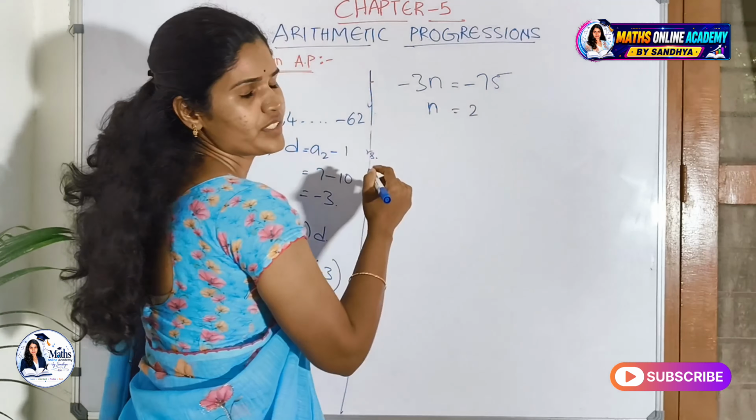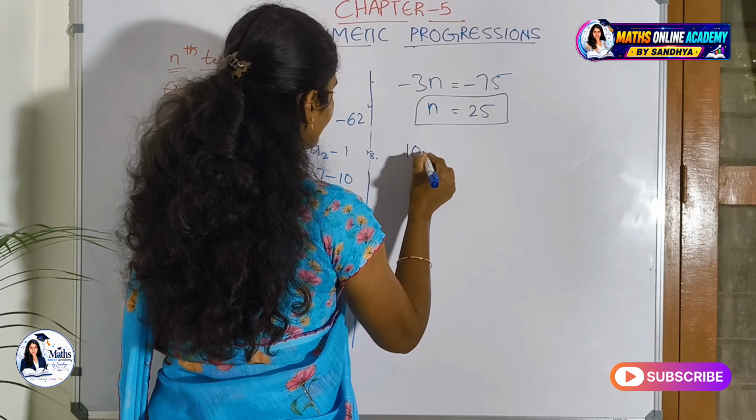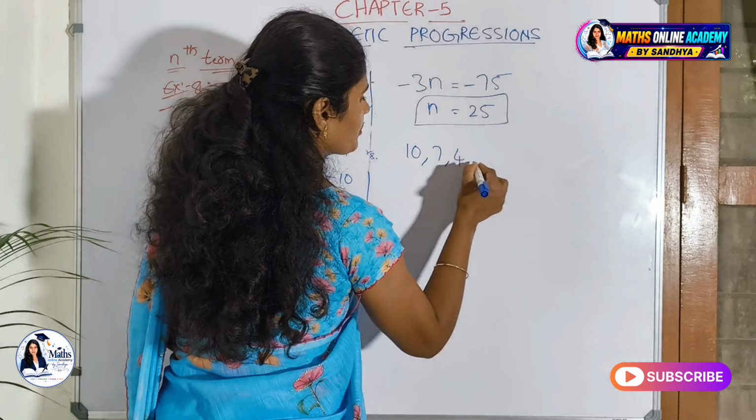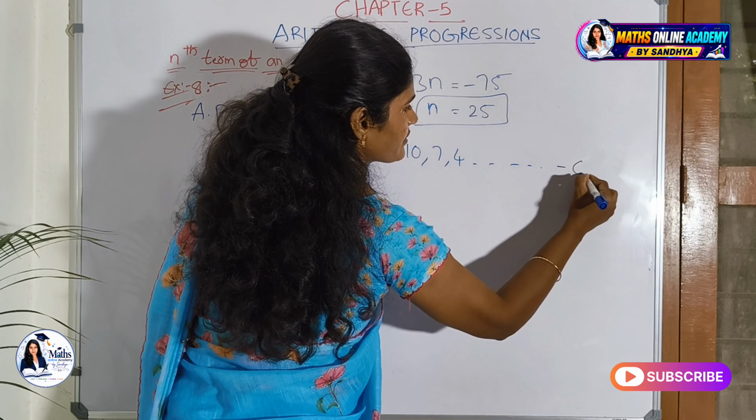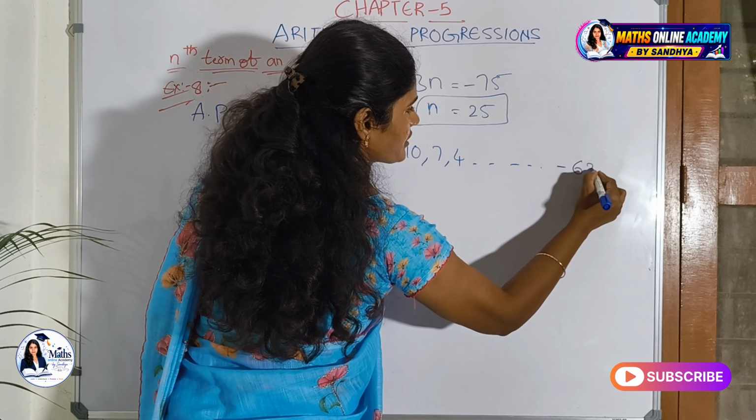So total numbers, this is the set 10, 7, 4 and so on minus 62. In this set, these are all 25 terms, and here we have to find the 11th term from the last. 11th term from the last and towards the first means this is the last, from last towards the first.